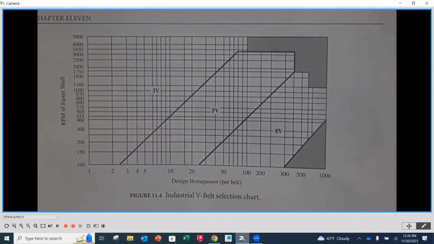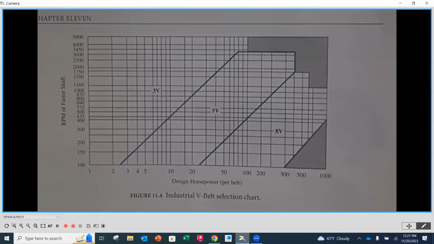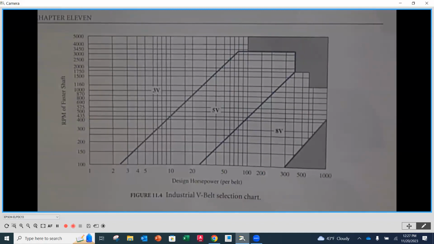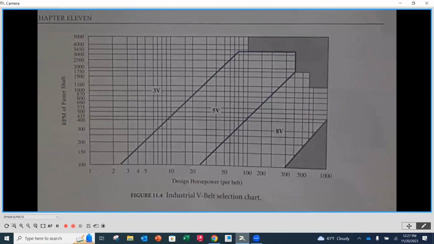So its design horsepower will be higher because we're expecting more overloads to occur, so that we're going to beef up our application as such. So design horsepower here for kinematics, we're going to read directly from what the horsepower is coming off of our driver or our motor, and assume that that's going to be the same for everything.